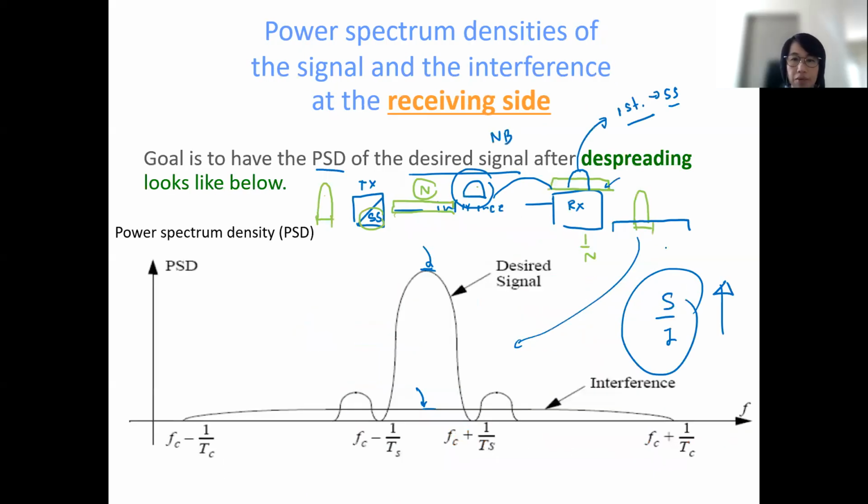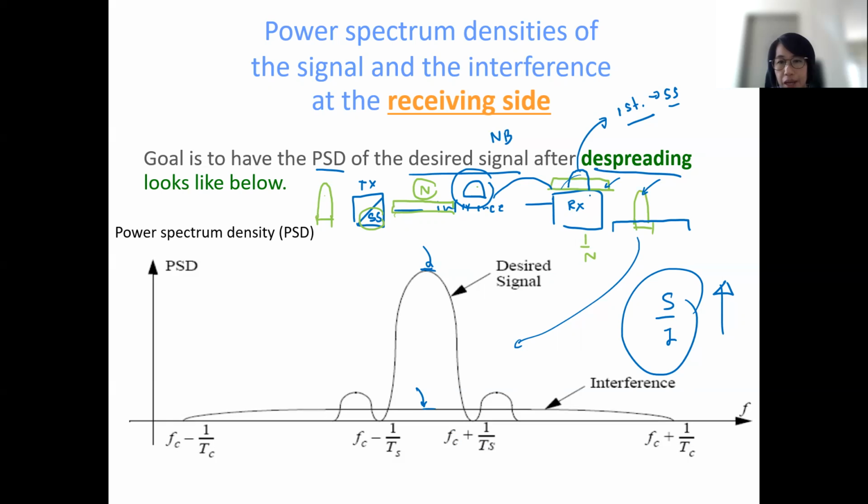Then at the receiving side, you do the backward process. At the transmitter side you spread n times, so at the receiver side you shrink it n times, and you can get the original one.